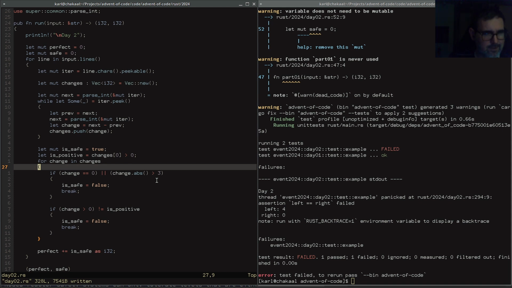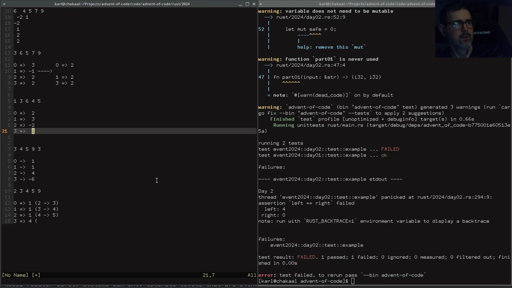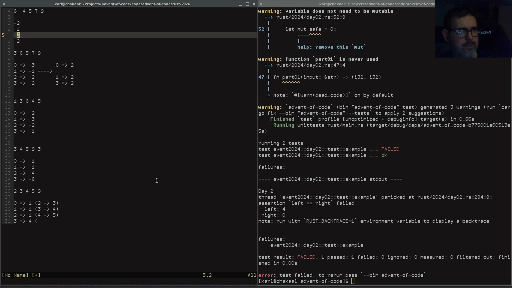So actually, I don't think this is going to work very well either. So what was I saying? I was saying if I make a list of changes like this, the very first one and the very last one are a special case.